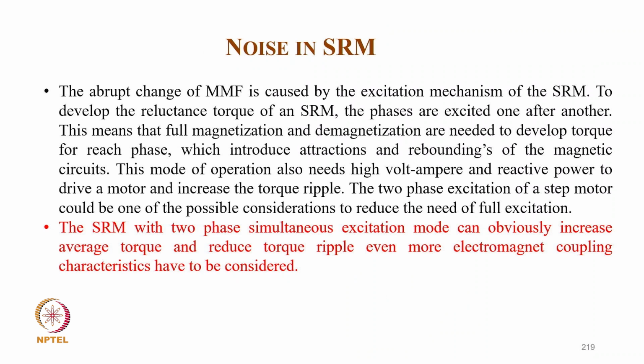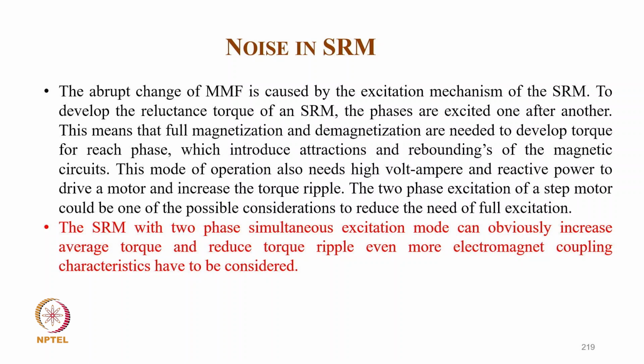So the abrupt change of MMF is caused by the excitation mechanism of the SRM. To develop the reluctance torque of SRM, the phases are excited one after another, and this means full magnetization and demagnetization are needed to develop torque for each phase, which introduces attraction and rewinding of the magnetic circuit.